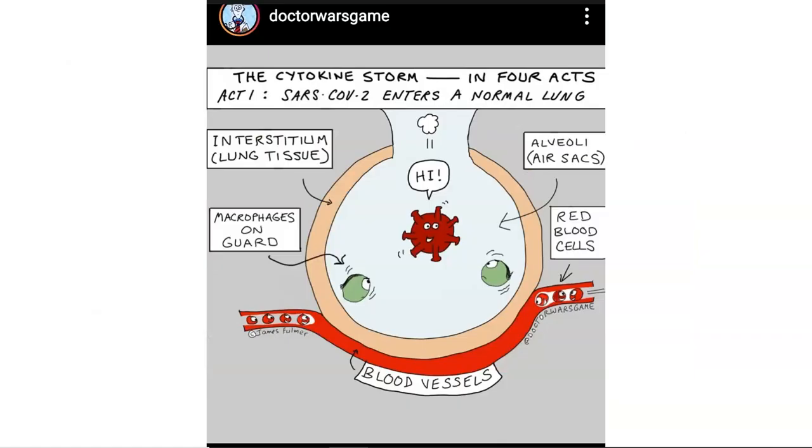If you want to take a closer look, this is just a short little cartoon strip about one of the things that can happen with infection for COVID-19, which is that the virus enters.